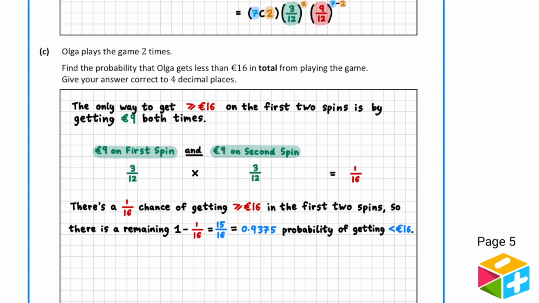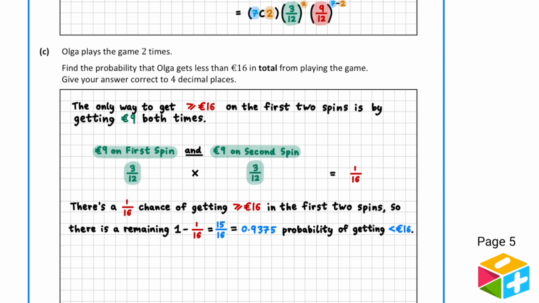There's a 3 out of 12 chance to get €9 on an individual spin, so the probability here comes out as 3 over 12 times 3 over 12, which is 1 over 16. This is the probability of getting €16 or more in your first 2 spins.